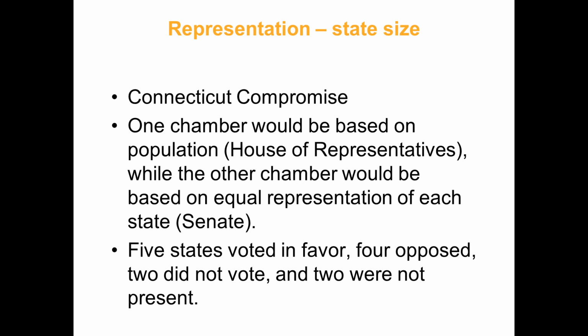So in the Senate, every state gets 2 senators, no matter how many people are living within that state. It's interesting to note this is a compromise that enough states agreed to resolve the issue sufficiently that the convention moves forward. However, how the voting breaks down, 5 in favor, 4 opposed, is obviously not a strong consensus at all. And this is something that occurs at numerous points of the convention, in that you have different states with very varying interests. They want different things.